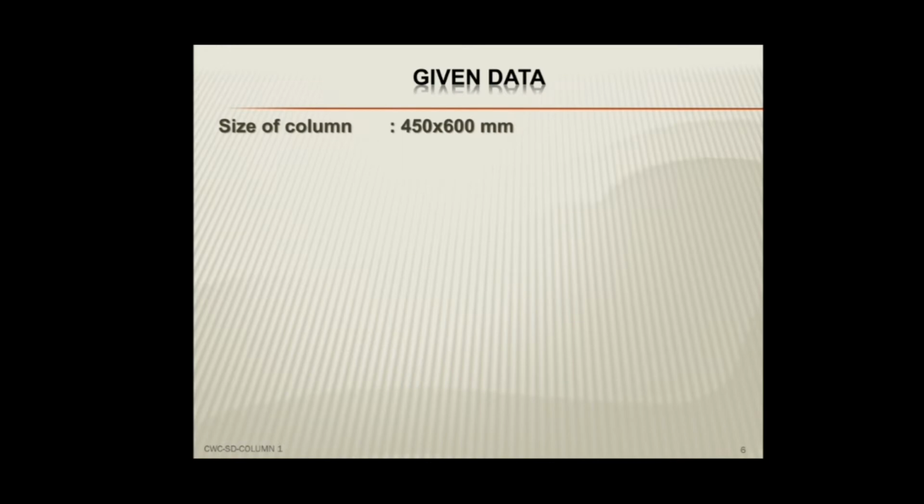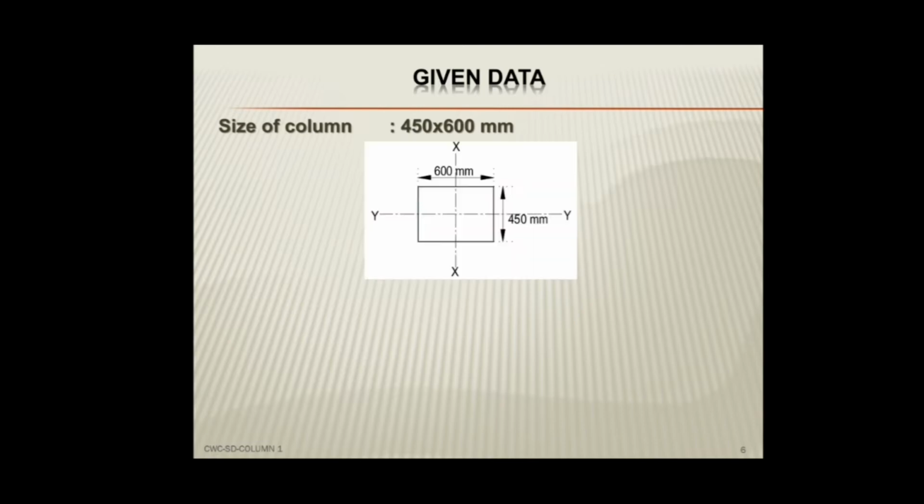First thing is, size of the column is mentioned as 450 mm by 600 mm. So here the major axis XX and the minor axis YY can be considered like this. So dx will be 600 mm, which is perpendicular to the XX axis, and 450 mm will be dy, which is perpendicular to the YY axis.